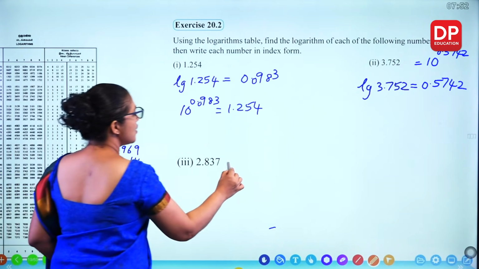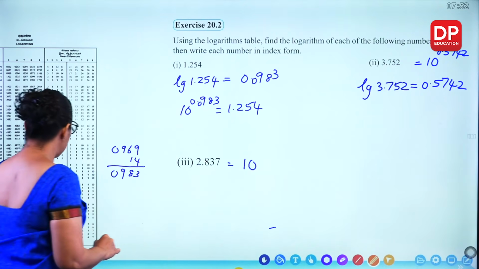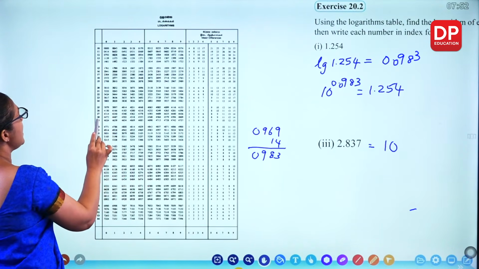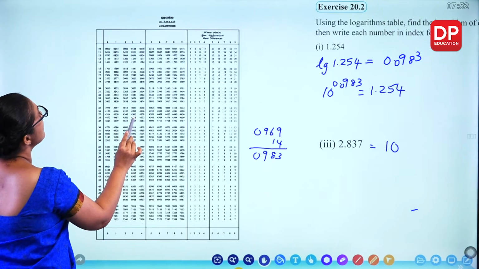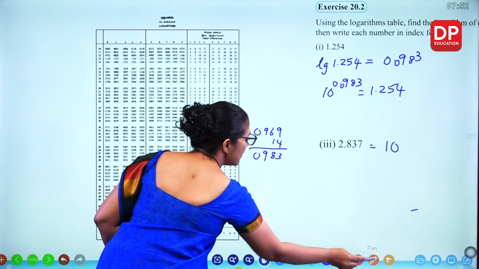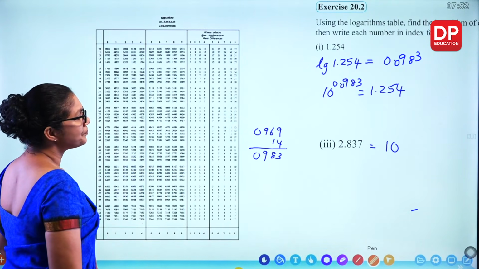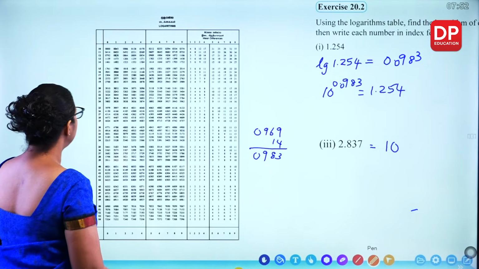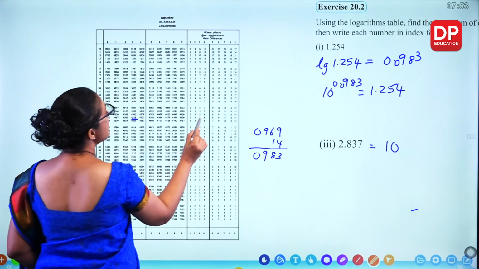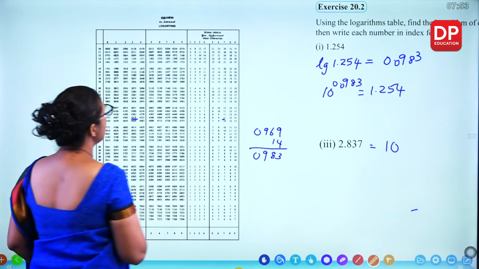Next one, 2837. 2837 from the first table. 2837. 7 is 9. Here 2837. 37 is 11.